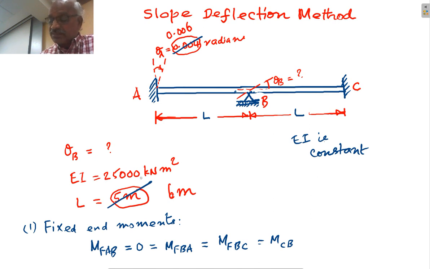EI is given in terms of kilonewton square meter because E is kilonewton per square meter, and for I it is meter to the power 4. So cancel out these two, you will get kilonewton square meter. So the value is 25,000 that we are going to use now.